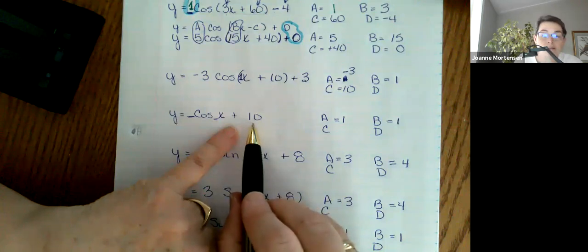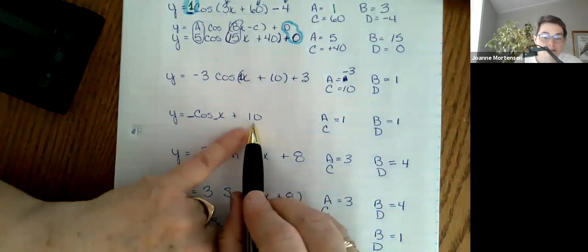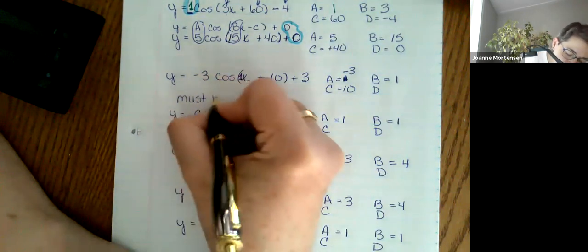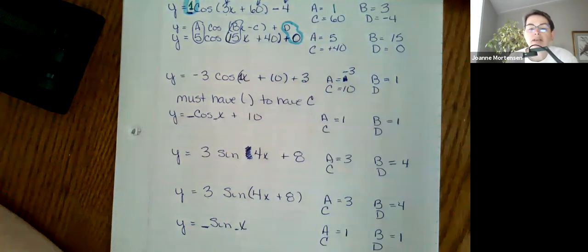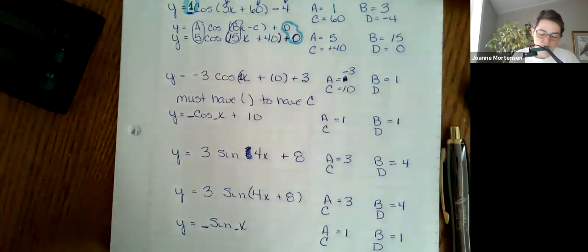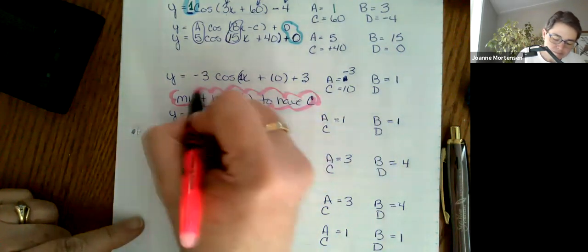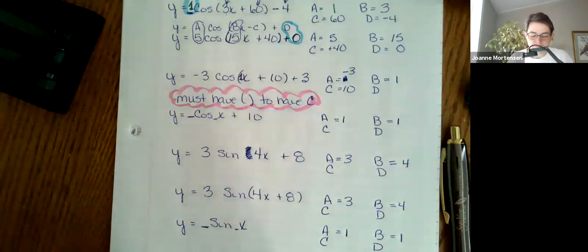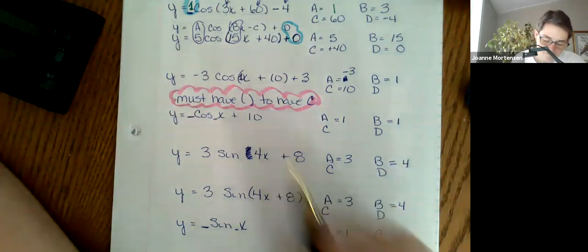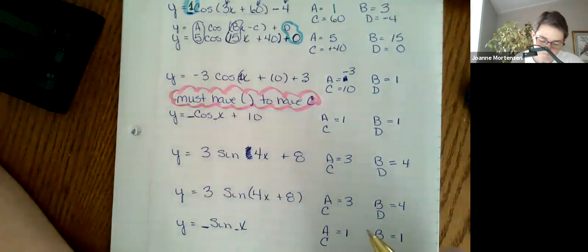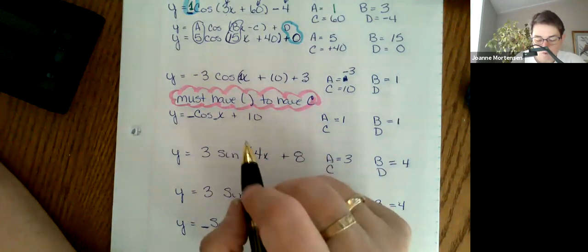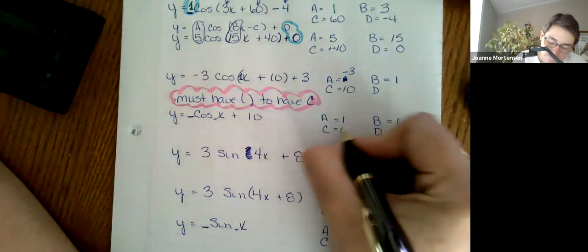There's no brackets, so this is not C. You have to have brackets to have C. So I'm just going to tell you it's 0.